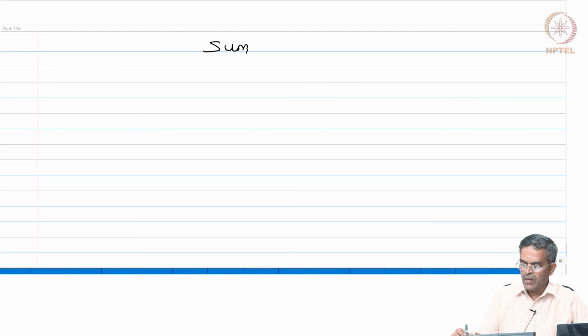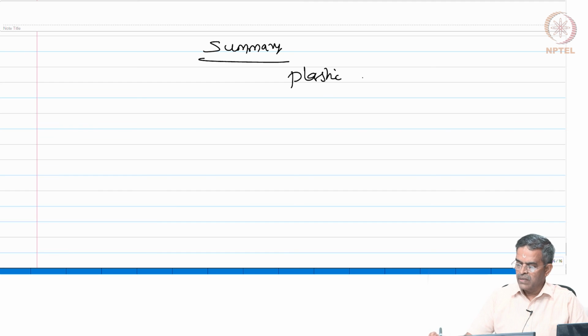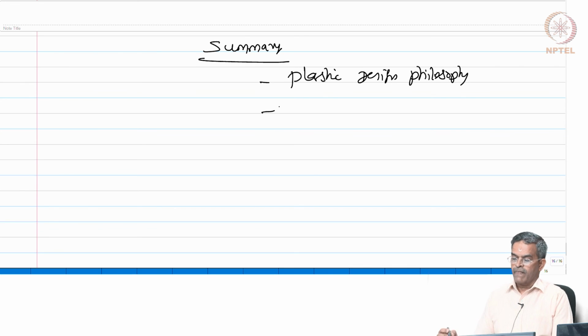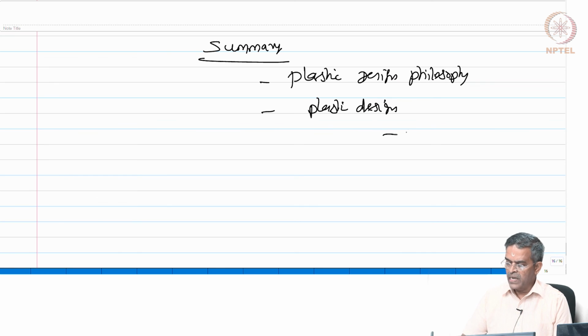So, friends, in this lecture we have started understanding the importance of plastic design philosophy. We learned the difference between plastic design and elastic design, and compared it with ultimate load design.